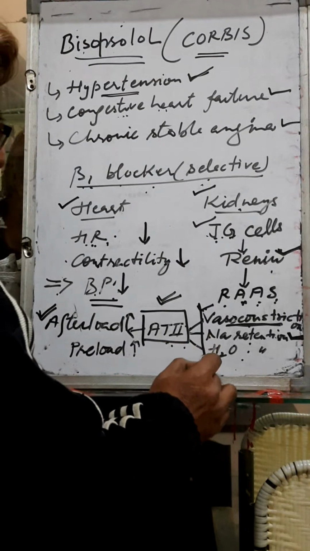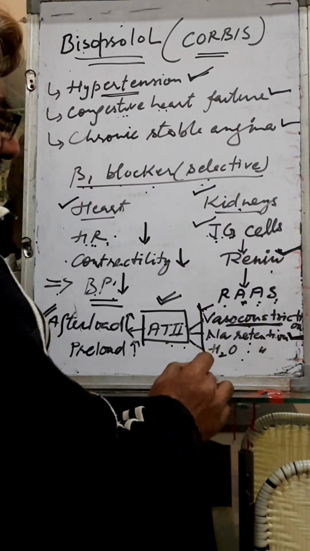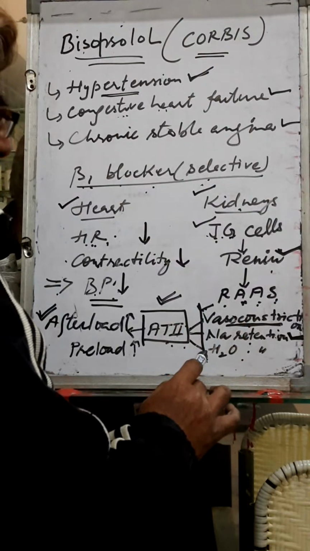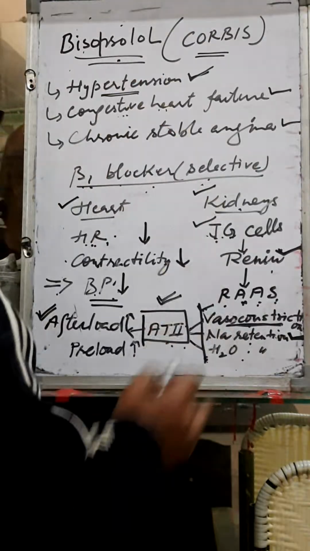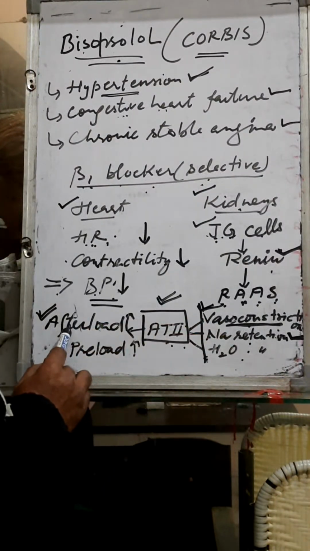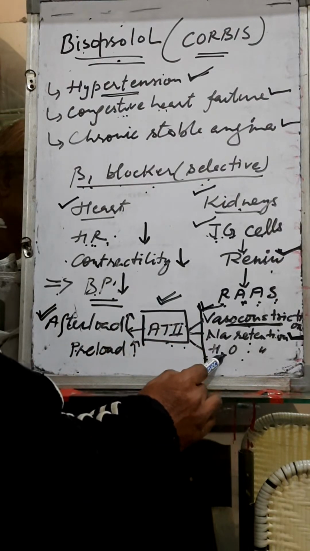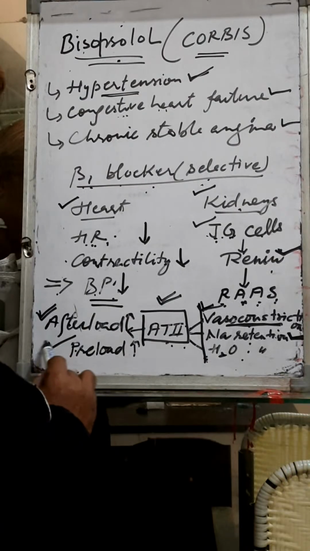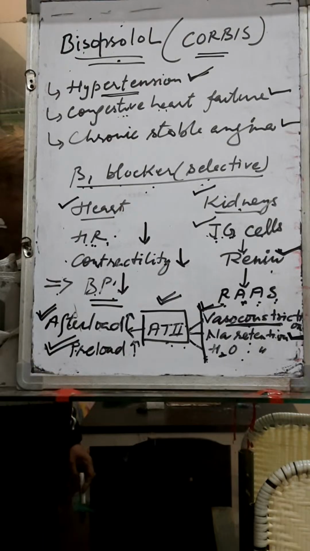We are now discussing normally what happens before we give this medicine. So vasoconstriction increases the afterload, and sodium and water retention increases the preload because the volume of the blood is increased.